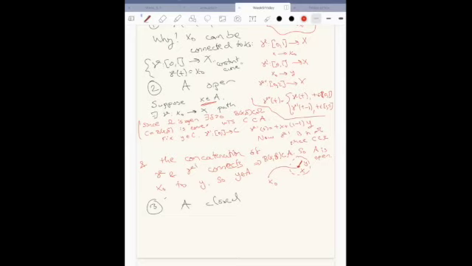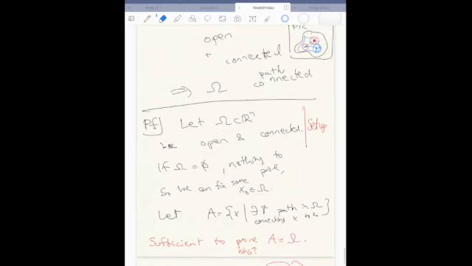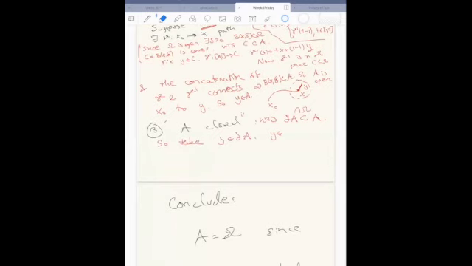Well, the next step is showing that A is closed. Well, this one, we want to show that the boundary of A is contained in A. So take y in the boundary of A. A is closed as a subset of omega.